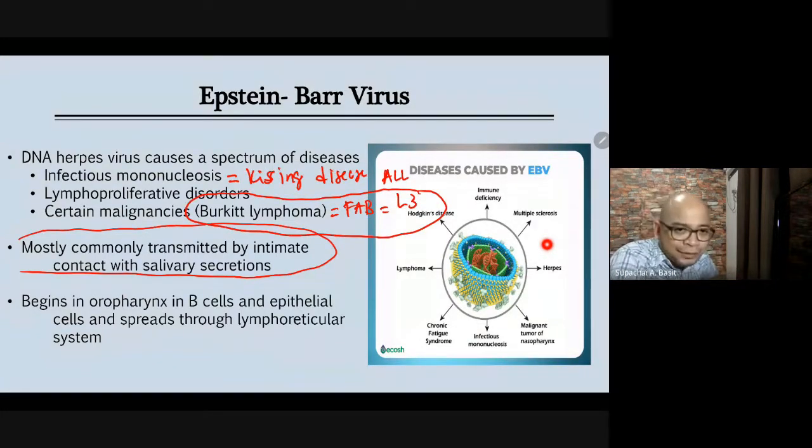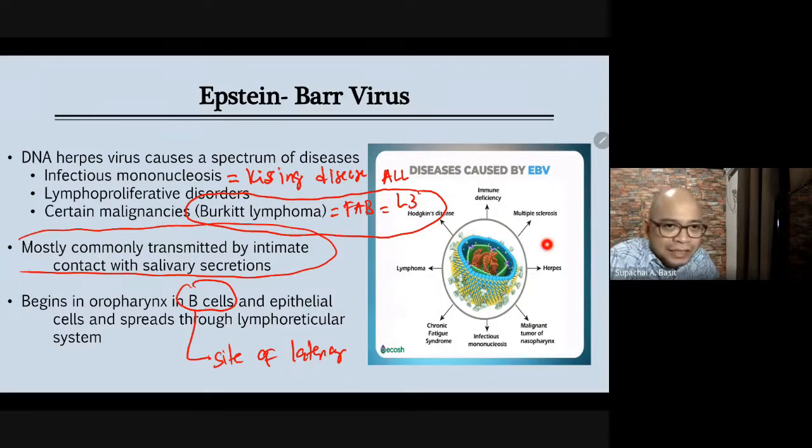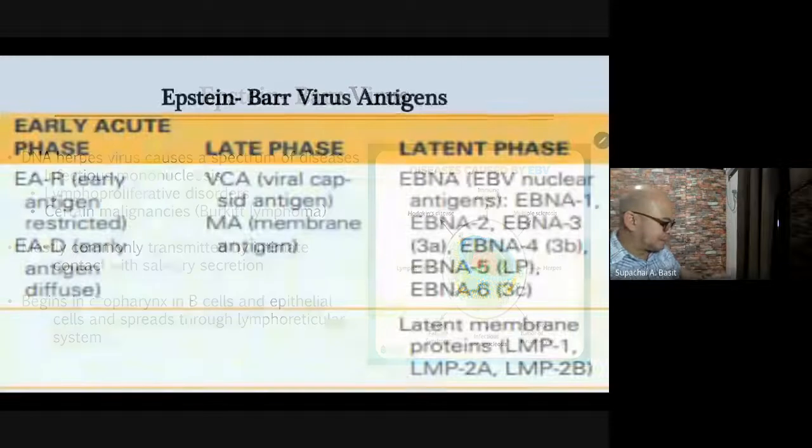The infection begins in the oropharynx, particularly in B cells. B cells are the site of latency. When we say latency, this is the stage where the virus is hiding. It begins in the oropharynx in B cells and epithelial cells, and it will spread through the lymphoreticular system.